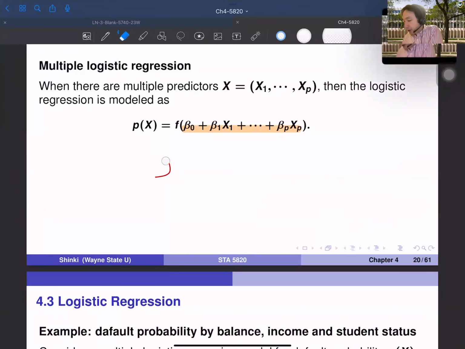concave. So just imagine a picture like this. So actually, it's not really difficult to optimize it. You can use some Newton-Raphson method and so on.